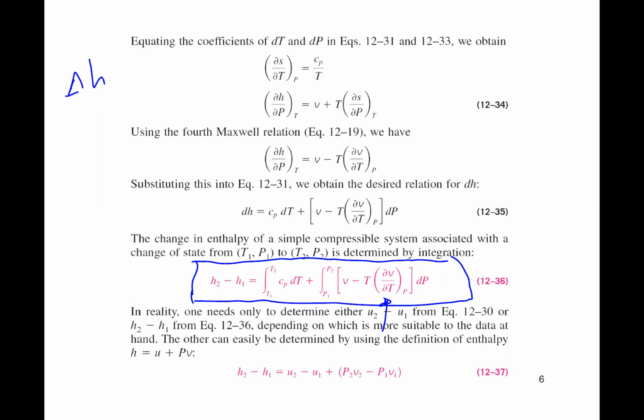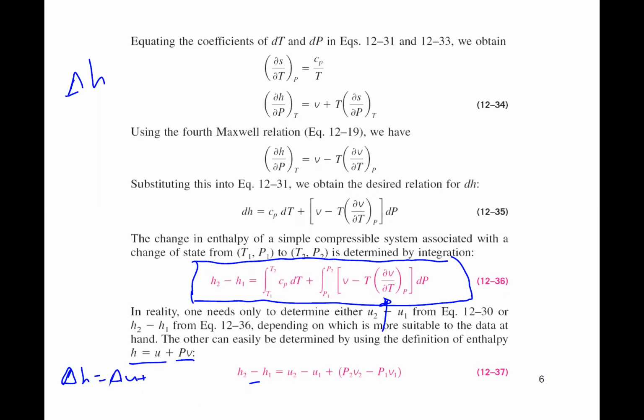Another version for change in enthalpy is just using the definition of enthalpy, H equals U plus PV. So delta H would just be delta U plus P delta V plus V delta P, right? Well, in this version, they just leave it together. They don't even separate this.